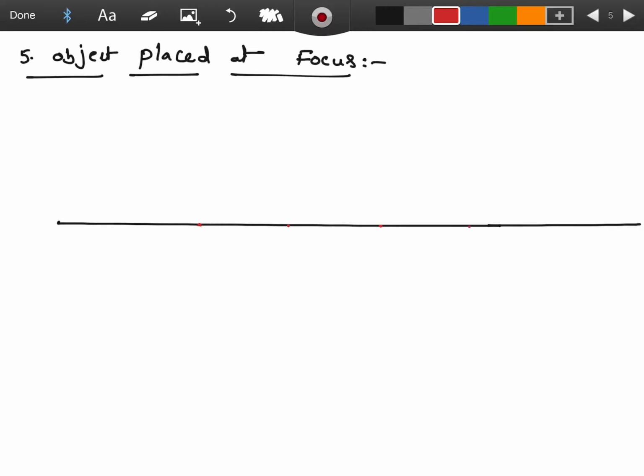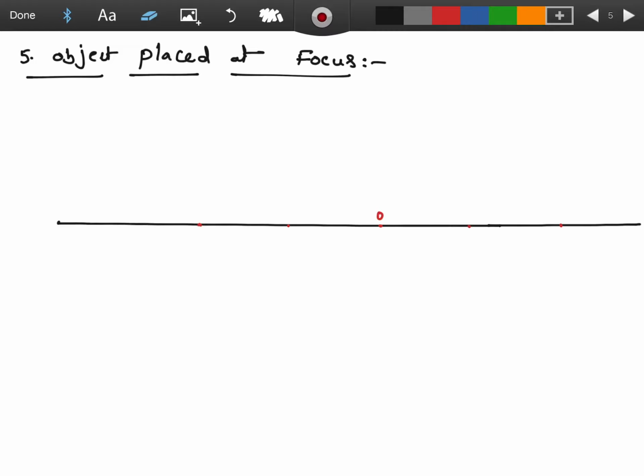Here 3 centimeters. See, I am taking 3 centimeters from the optic center, approx. I am considering this as f1. 6 centimeter I consider center of curvature, and around 3 more centimeter I consider f2, like this. Now this is 2f2.